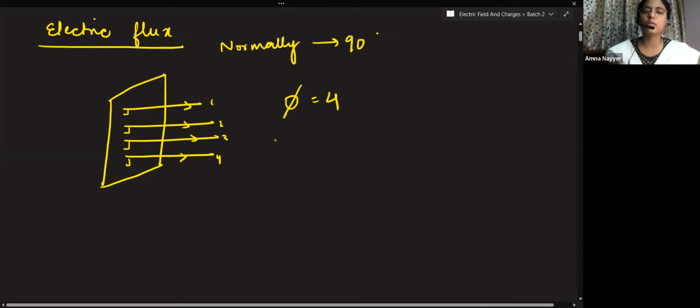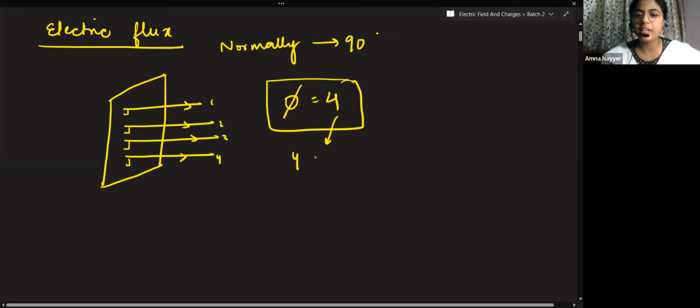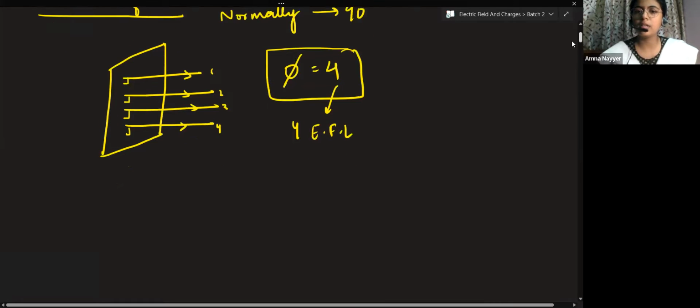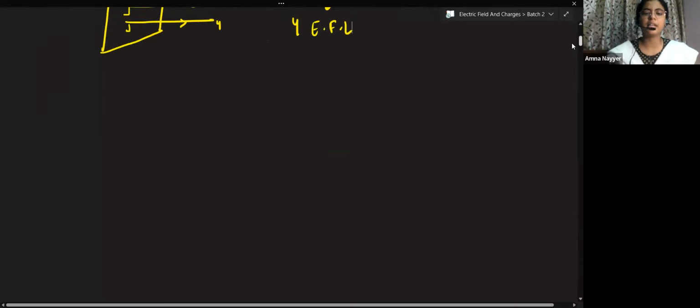We represent it through the symbol phi. So phi is 4. What is meant by this is that 4 electric field lines are crossing the surface area perpendicularly or normally. Let me write down the definition.